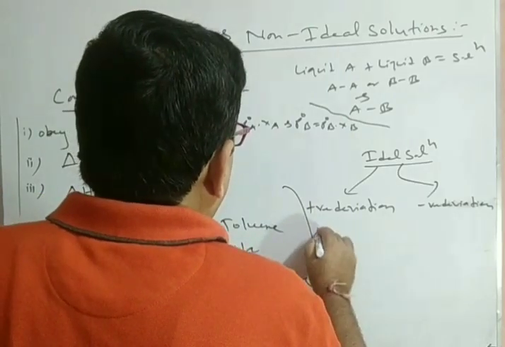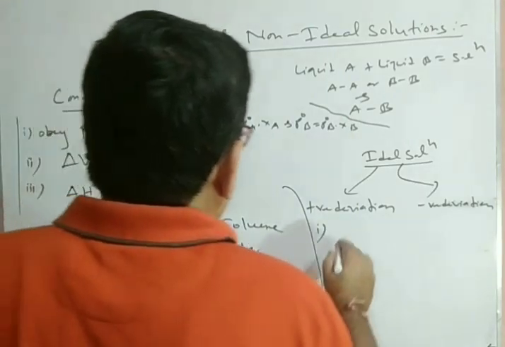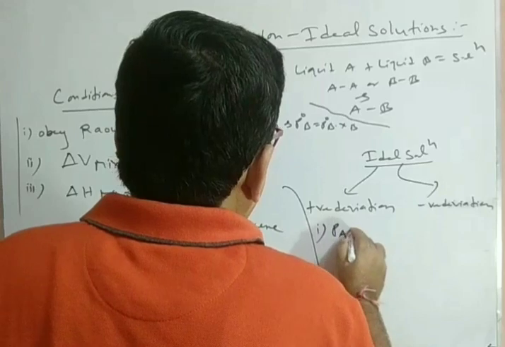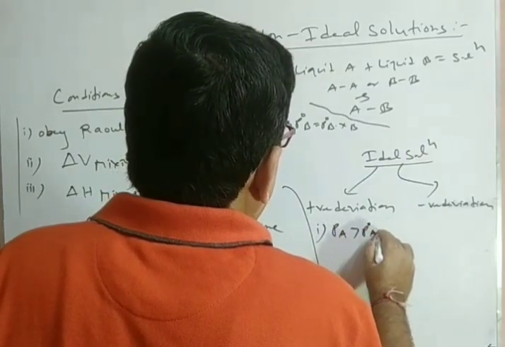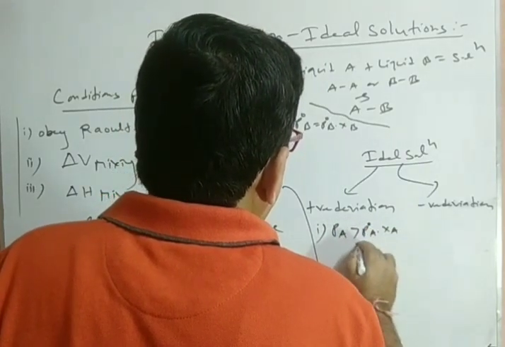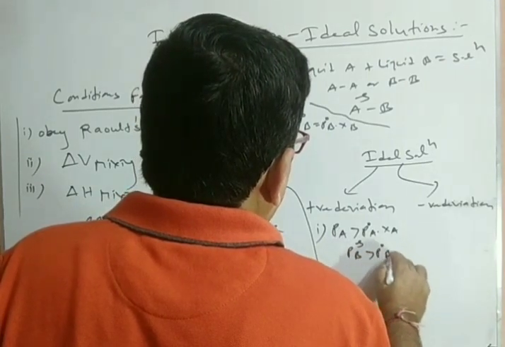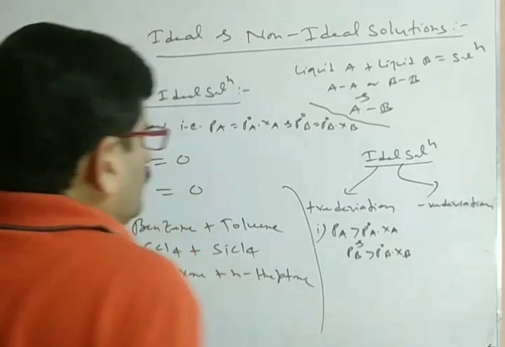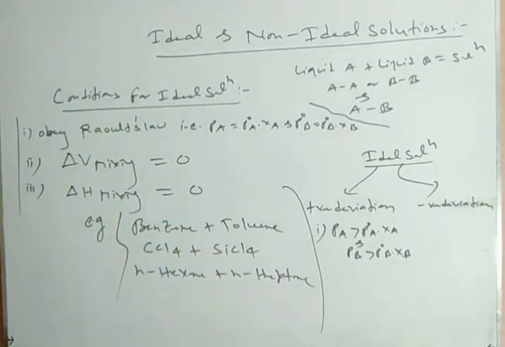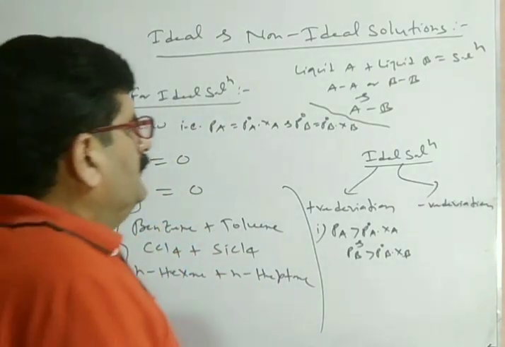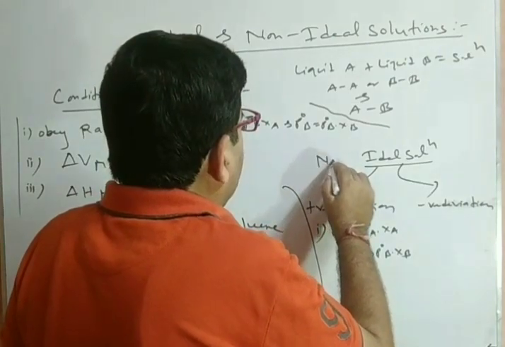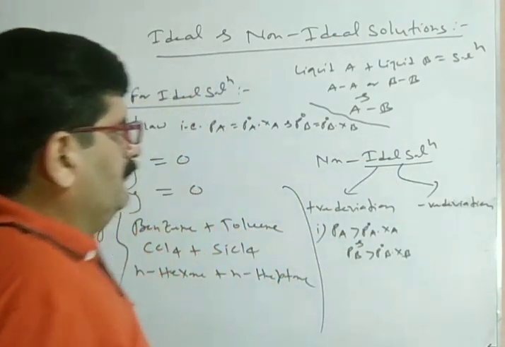For positive deviation, we can write PA greater than P naught A into XA and PB greater than P naught B into XB. This is said to be non-ideal solution.